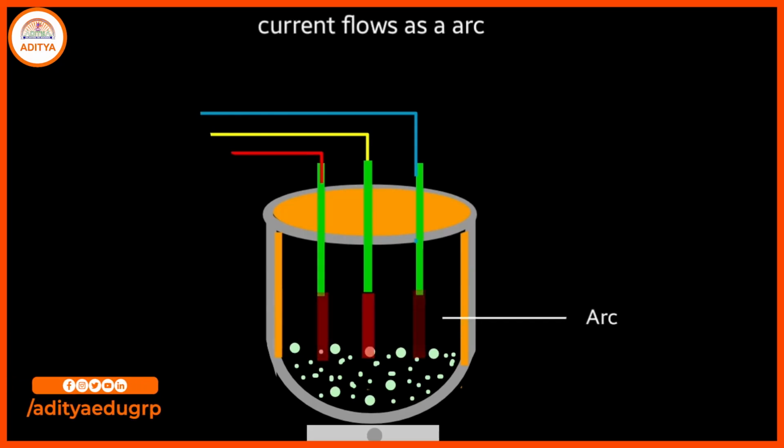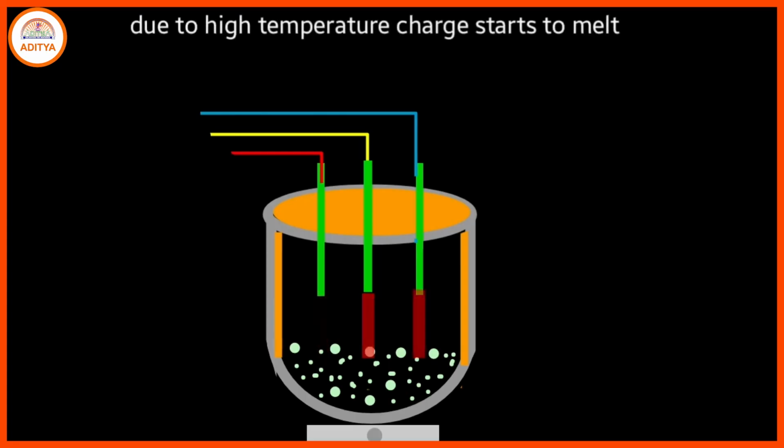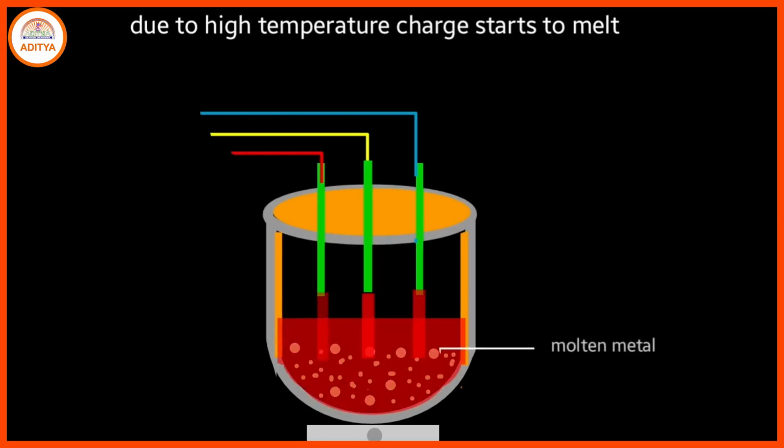Due to the formation of the arc, the heat increases, and due to the increasing heat in the furnace, the metal scrap is converted into molten metal.